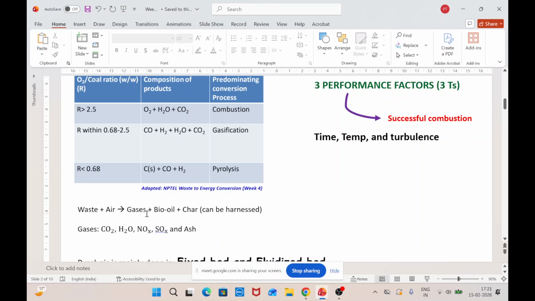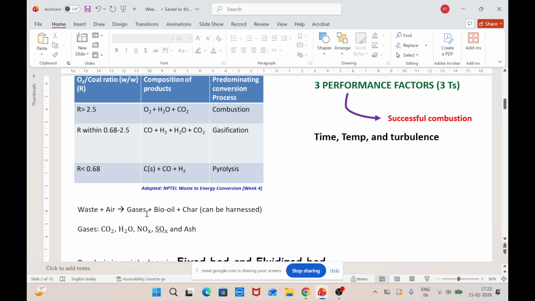Once the drying is over, devolatilization happens. The volatile species that get generated out of this process undergo a secondary cracking process, where these volatiles are converted to gases as well as bio oil.